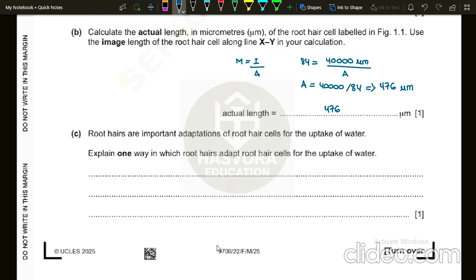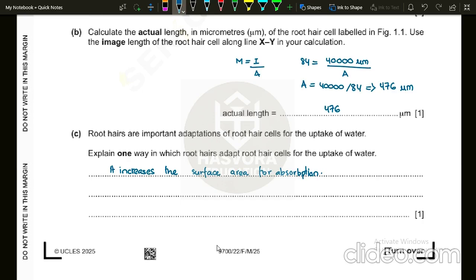So you can simply write it increases the surface area for absorption. You can also write that it increases the number of aquaporin channels present in the membrane.